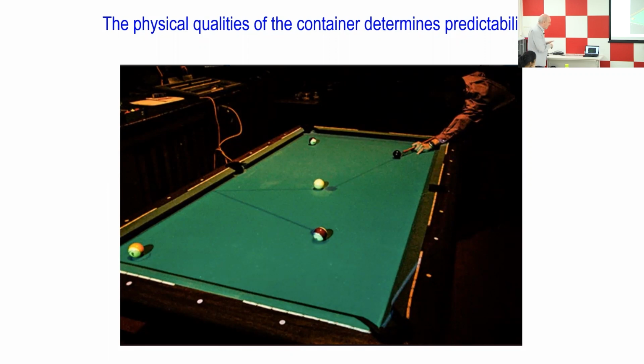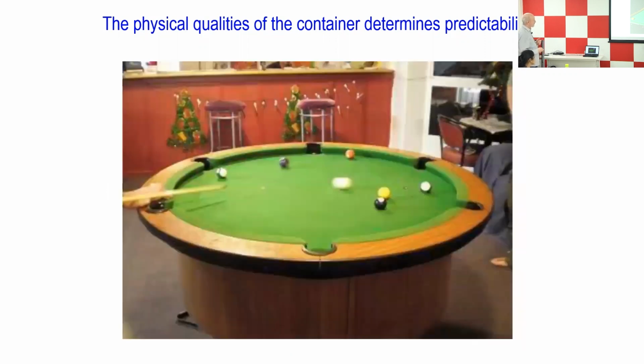You can make a perfect mathematical prediction of how this ball will hit this one, this side, and then it will hit this other. And you can make that prediction because the physical receptacle where this happens is formed of straight lines, and therefore you have a highly deterministic scenario to predict what happens.